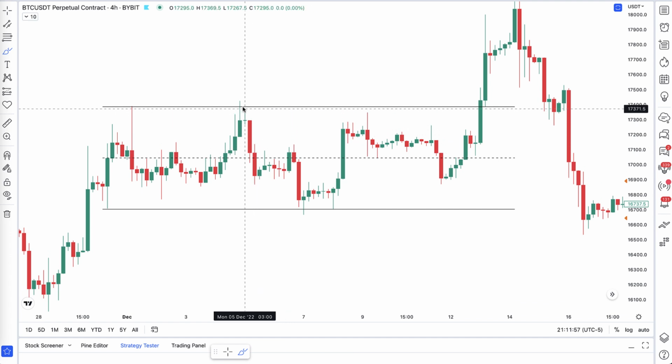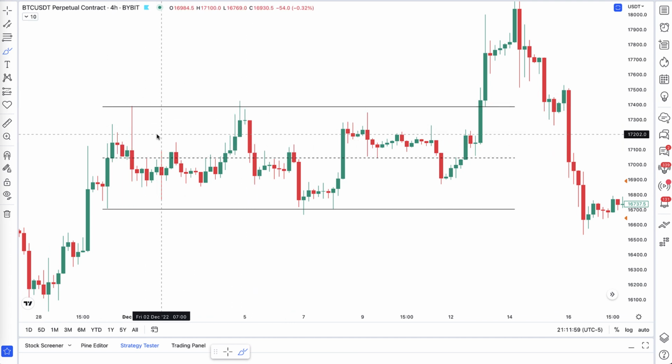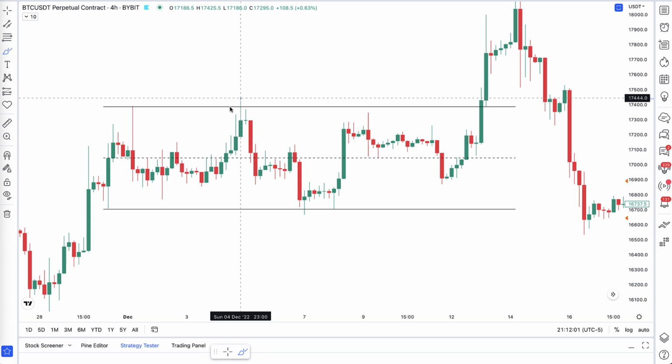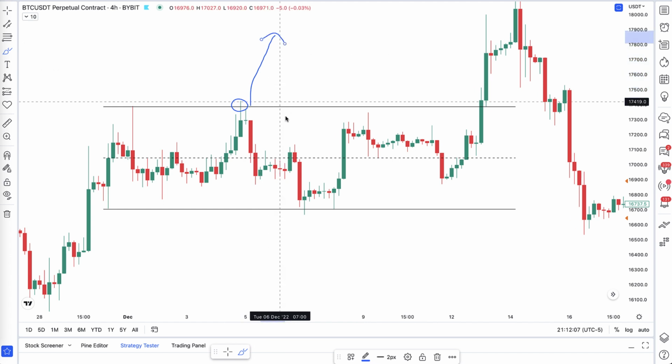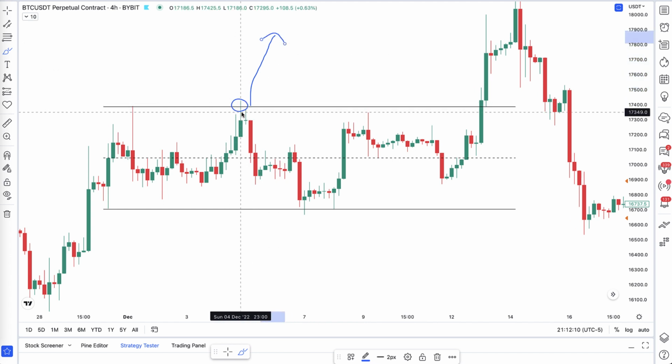Now, of course, we don't know at this point in time if this sweep over here is going to end up being a breakout where it just continues higher. That is, of course, the risk. Now, the nice thing about this is that your invalidation is pretty low, and you want to look for a confirmation, ideally, of a pullback in the range before shorting.